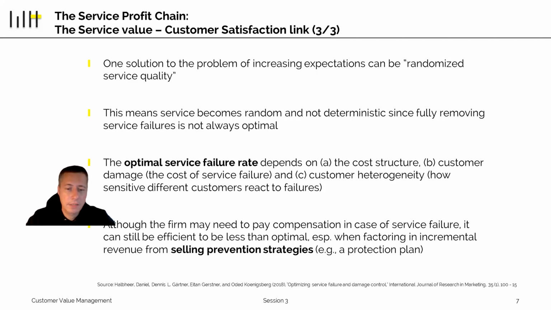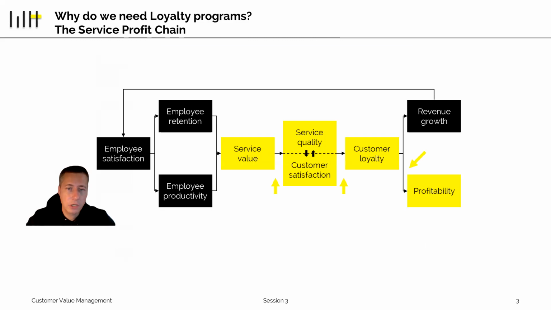The point being, and now let me go back to this initial framework, the link between service value and service quality is really not that easy. Obviously, on average, if haircuts get better, so if the service value gets higher, the perceived quality goes up.